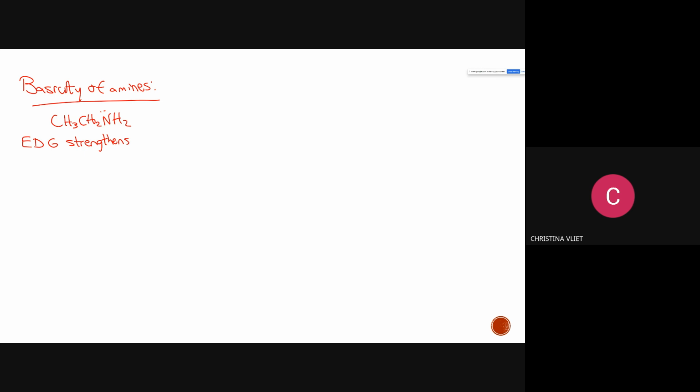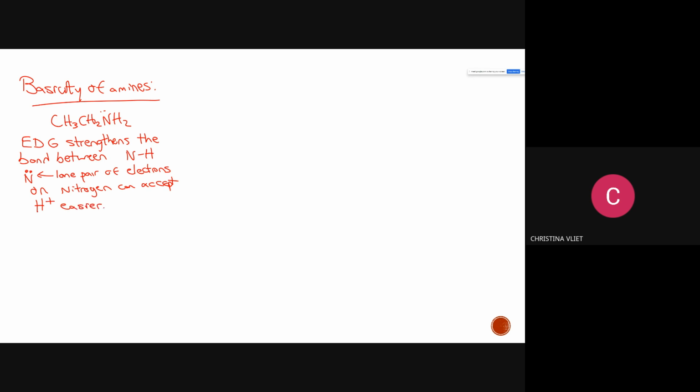All right, EDG strengthens the bond between N and H. The lone pair of electrons on nitrogen can accept H+ easier.